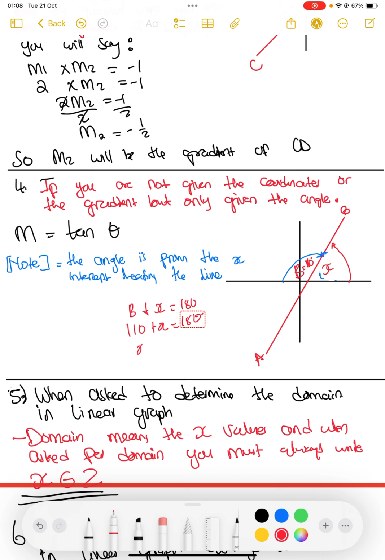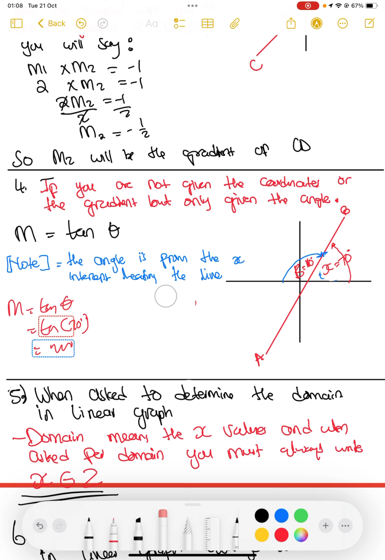Then x is equal to 180 minus 110 degrees, so x is 70 degrees. So to get the gradient, you must use the angle on the side of the inclination, which is 70 degrees. Then the gradient m is equal to tangent of theta, which is tangent of 70 degrees. The value we get here is the gradient.